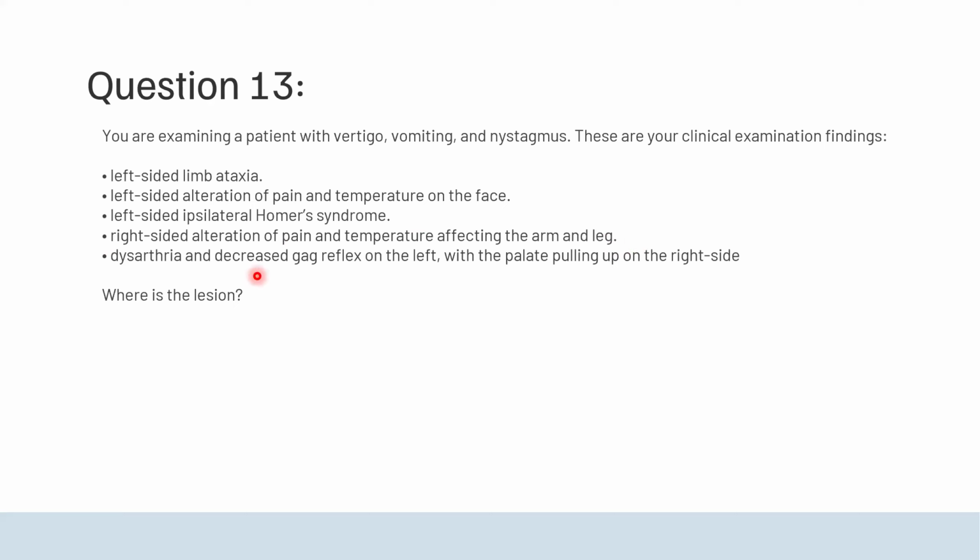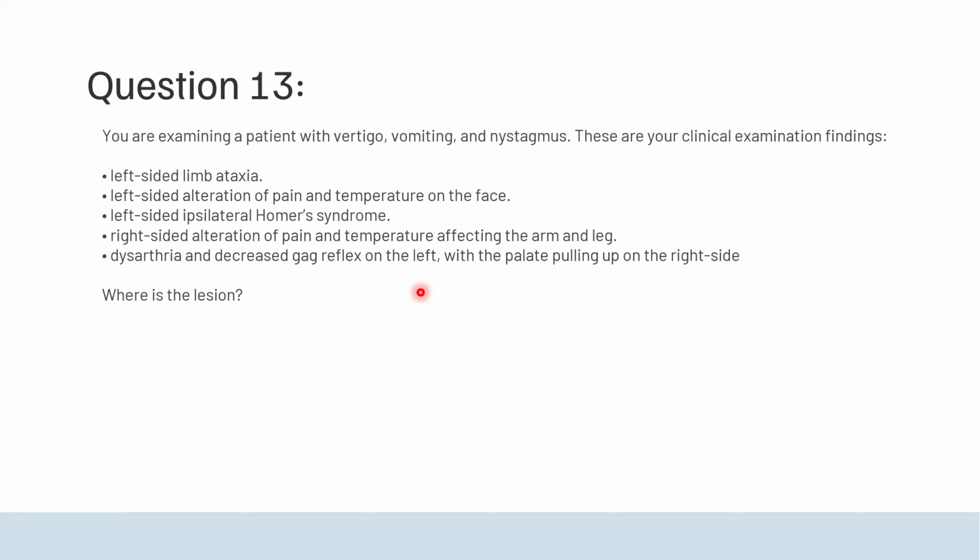Dysarthria and decreased gag reflex on the left with the palate pulling to the right side. So contralateral palate, dysarthria, decreased gag reflex on the left. This is due to the glossopharyngeal and the vagus. So all of these structures are in the lateral medulla. So this is the left lateral medullary syndrome, which is also known as the Wallenberg syndrome.